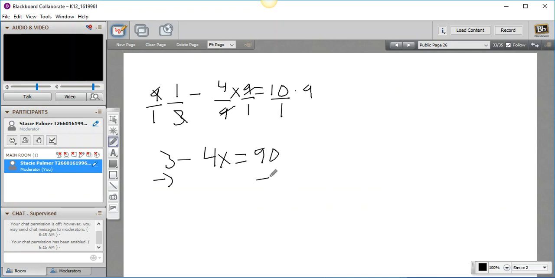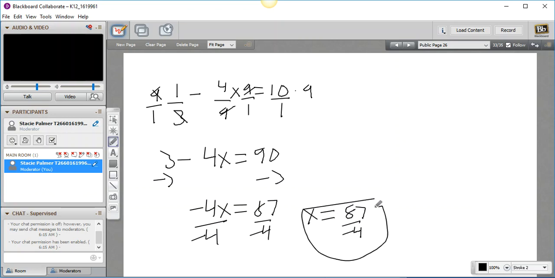And then we would subtract 3 from both sides. Negative 4 times x equals 87. Then divide by negative 4. X equals 87 divided by negative 4. So that's just a trick on how to deal with fractions in your equations. And on today's assignment, there are a few where you need to use that trick.